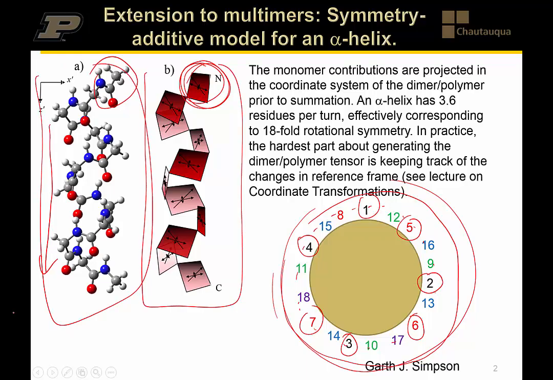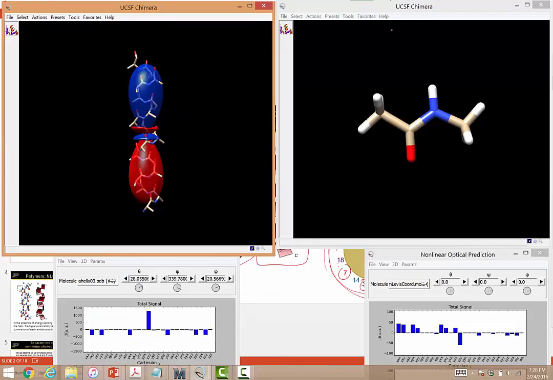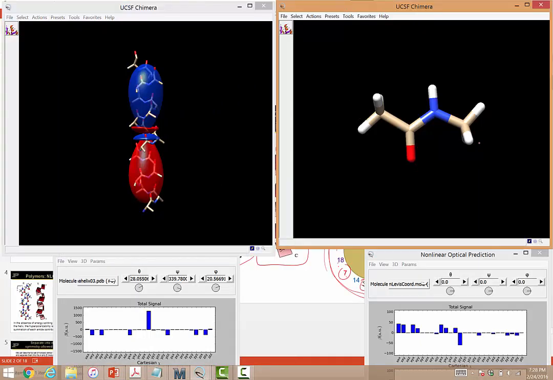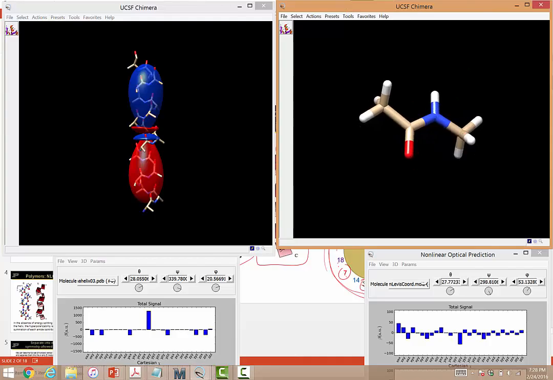And I'll show you an example using NLO predict. So what's shown here on the right is the amide group. This is N-methylacetamide, which includes the amide linkage that connects amino acids in proteins.